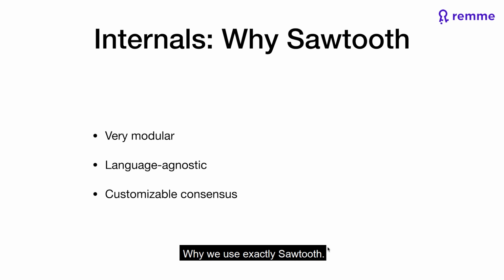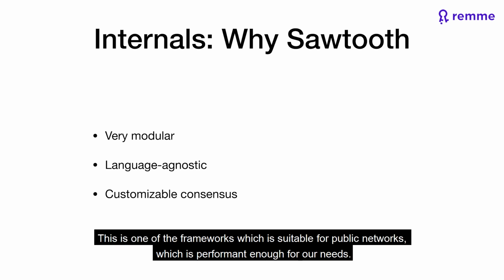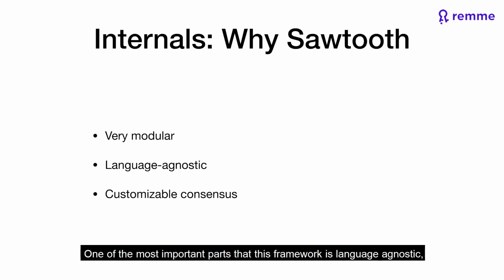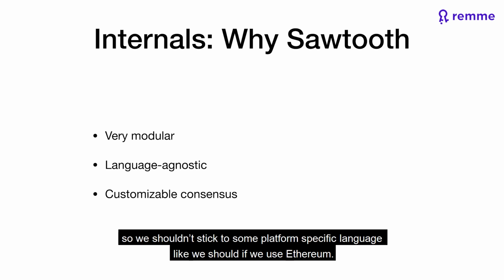Why we use exactly Sawtooth is because that is one of the frameworks which is suitable for public networks, which is performant enough for our needs. One of the most important parts is that this framework is language agnostic, so we shouldn't stick to some platform-specific language, like we should have done if we used Ethereum.